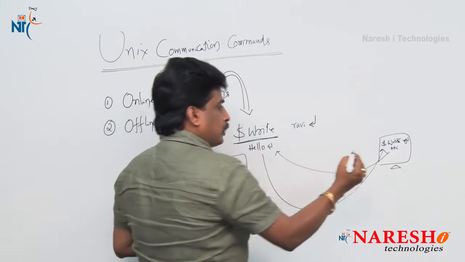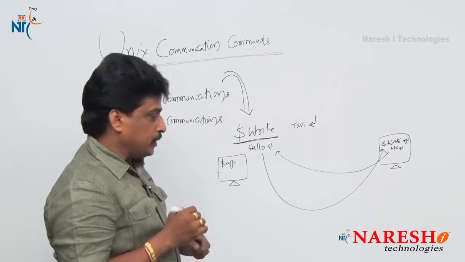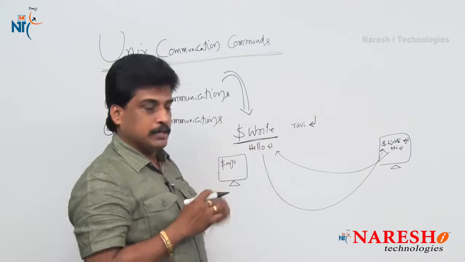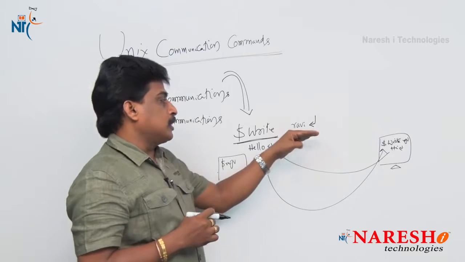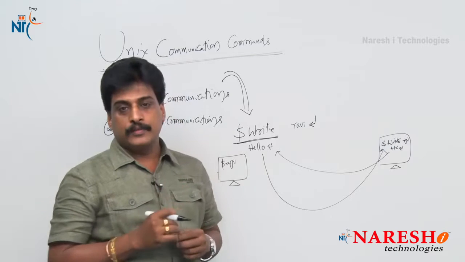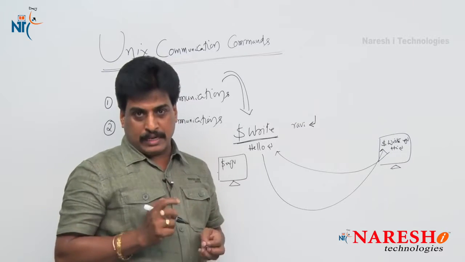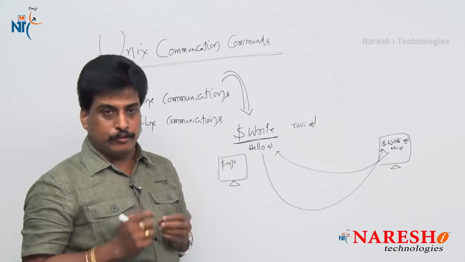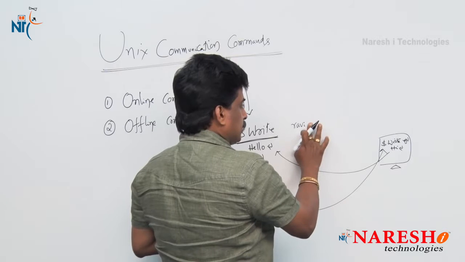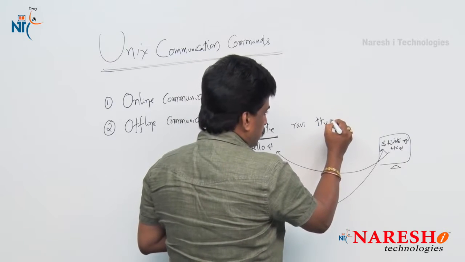Once you hit the return key, the command executed successfully and goes to the concerned terminal or concerned user. If the user is duplicated, meaning in my network, in my intranet, Ravi has 2 members available or 3 or 4 members available, that time you need to mention the concerned terminal number also.